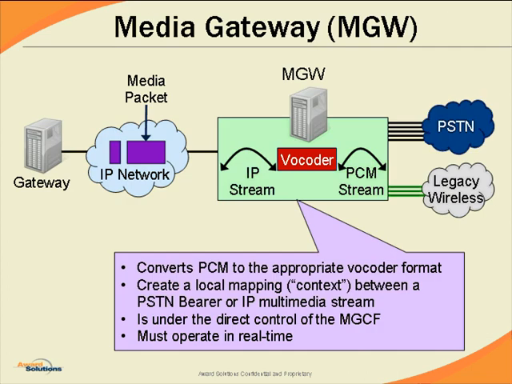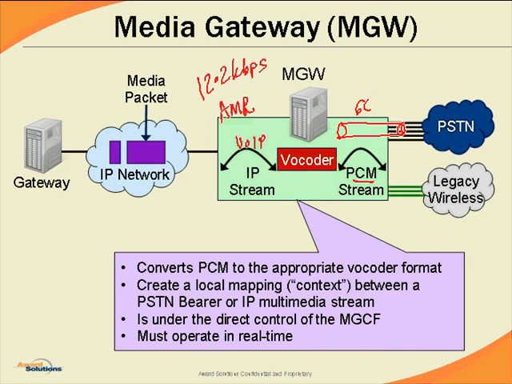So here is the example that I referred to earlier. On one side of the media gateway, in our voice over LTE case, it would be an AMR speech frame, probably 12.2 kbps. That would be the most common deployment configuration. So on one side we have voice over IP in the format of AMR, and the other side would be a pulse code modulation signal, and that's the one PSTN can understand.